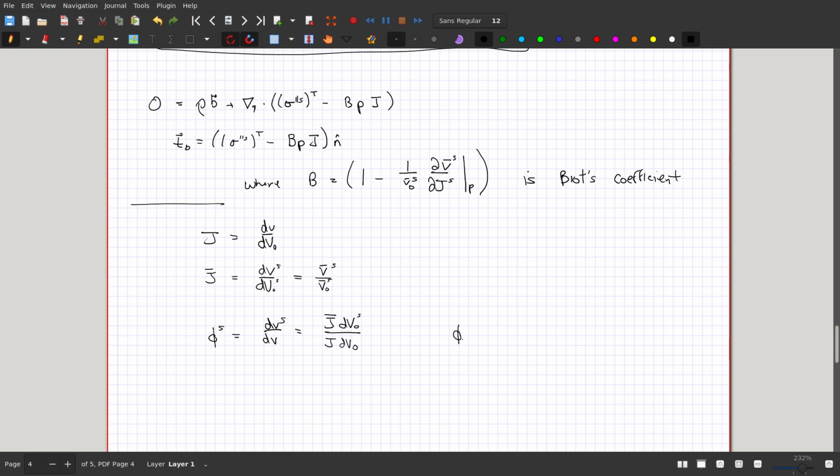Likewise, we have that the reference volume fraction is equal to the volume of the solid in the reference configuration divided by the total volume of the reference configuration.